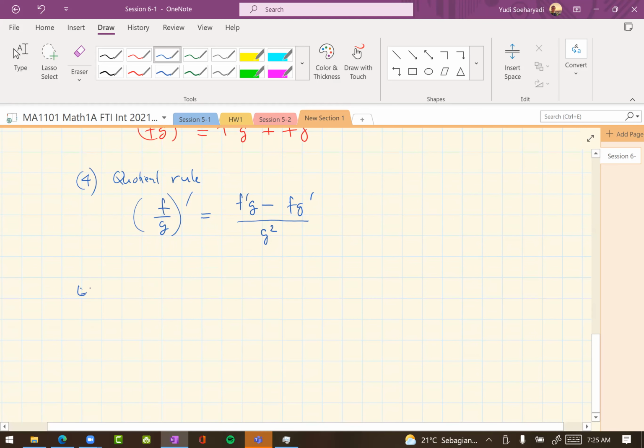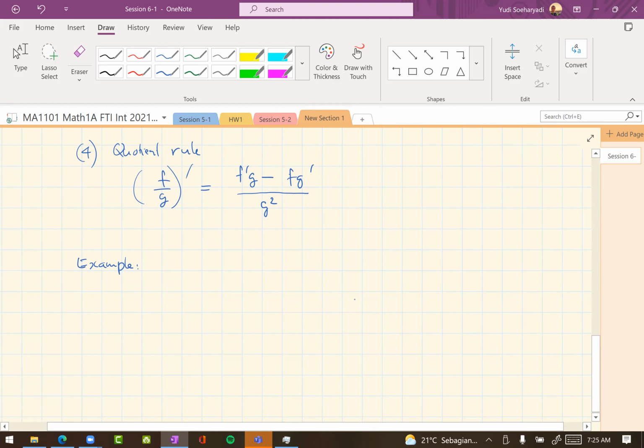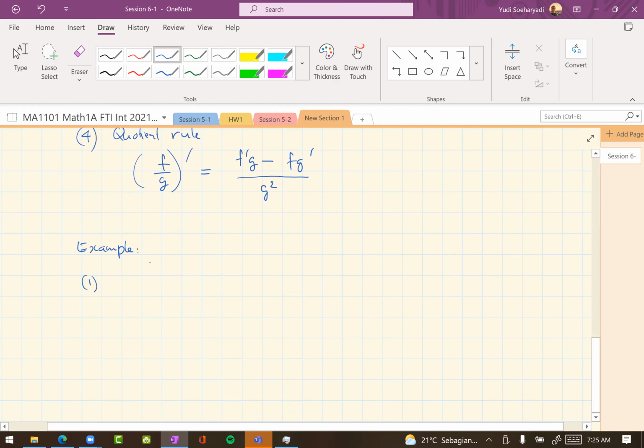So example. All right, so let's take the derivative of say 1 over x to the fifth. This is our f, this is our g. So use the quotient rule.